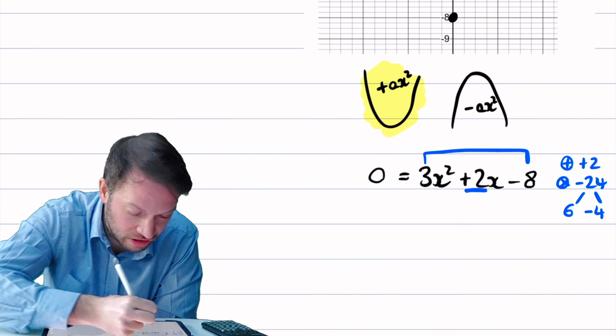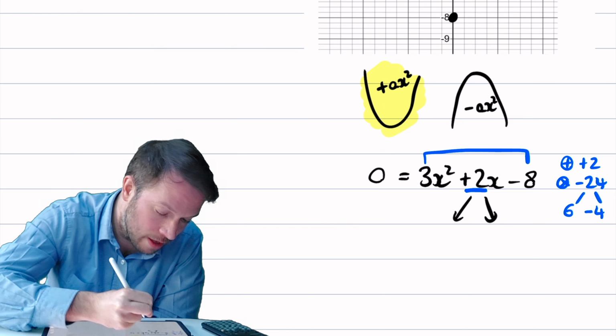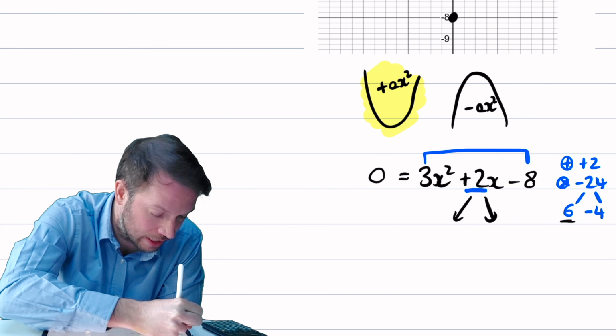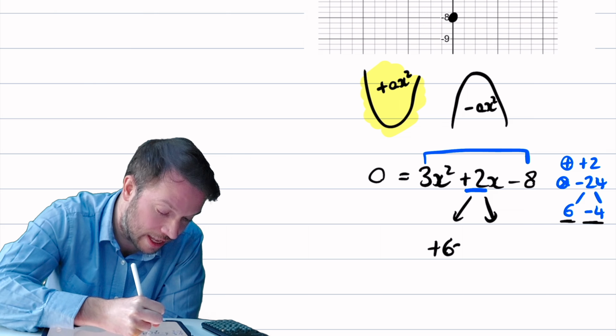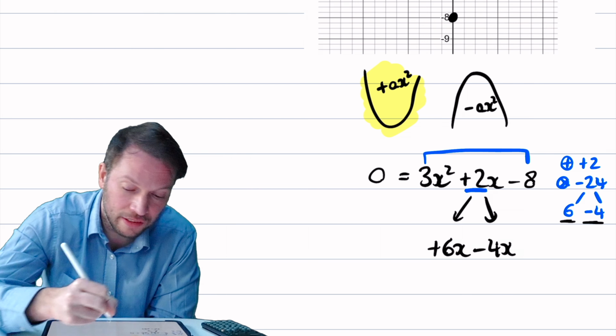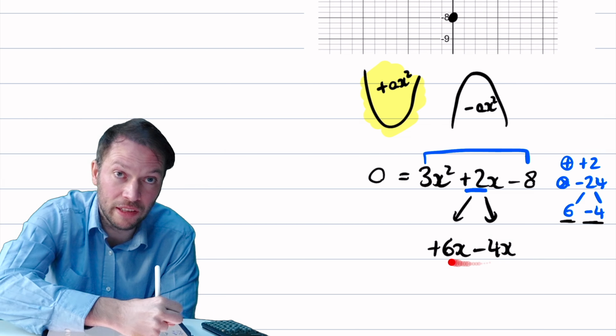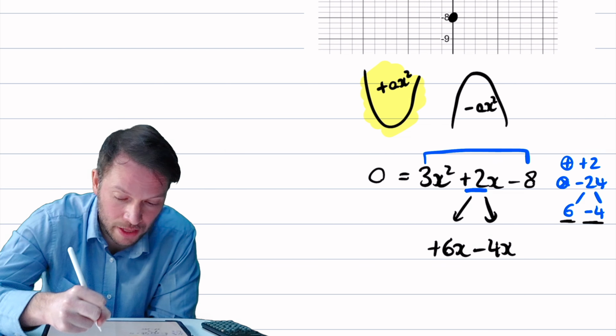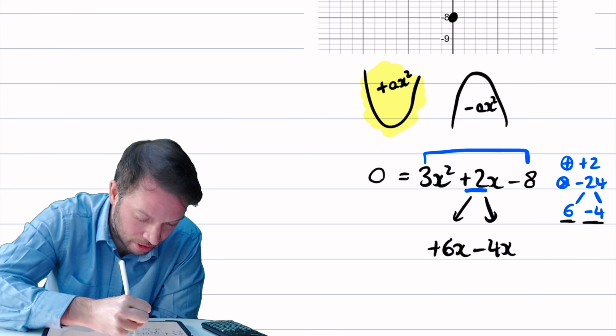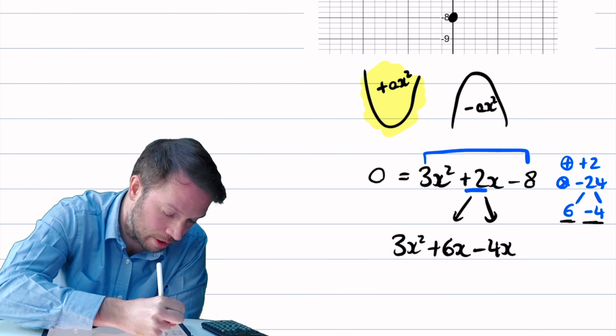So then you split the middle term into those two numbers, 6 and negative 4. So you have plus 6x minus 4x. We need the x's because if you simplify this, 6x minus 4x is 2 lots of x, which we have here. And then we just copy in the other terms, so 3x squared at the front and the minus 8 on the end.